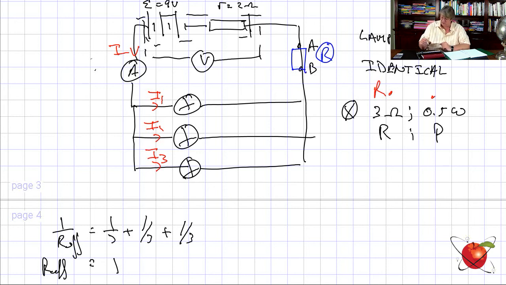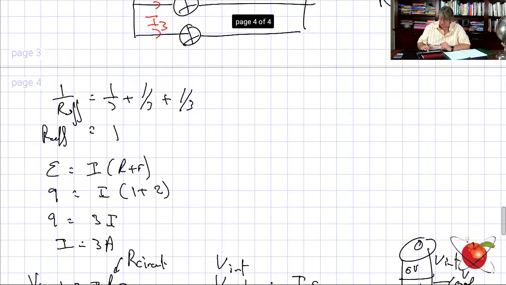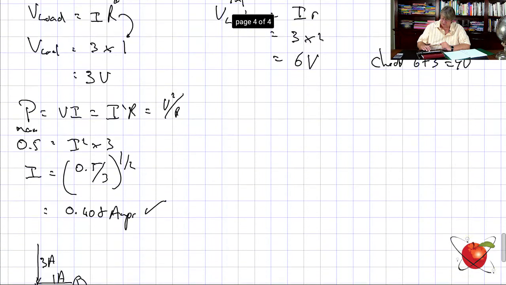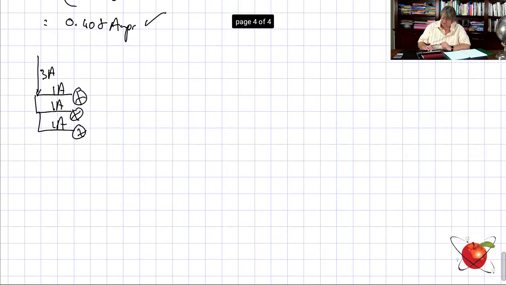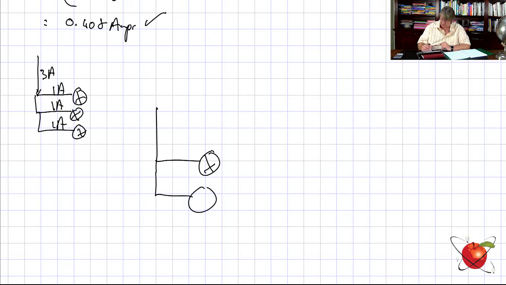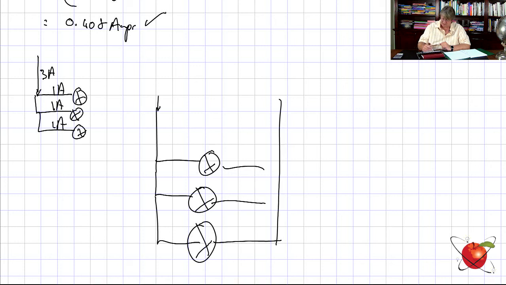Let's just quickly draw it. I know time is marching. There's our bulb. There's our bulb. There's our bulb. While I'm drawing this, it gives you time to go and have a cup of tea.